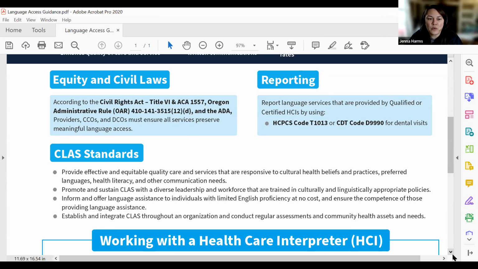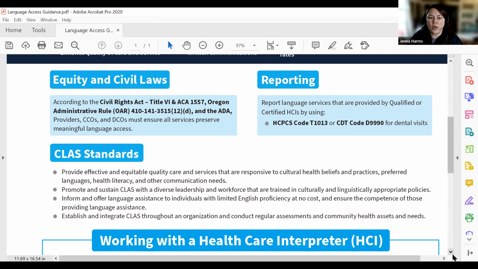As I referenced before, there are these national CLAS standards, so culturally and linguistically appropriate services, and different structures that can be put in place within organizations and provider systems to ensure effective delivery of CLAS services. So really to provide effective, equitable care that is responsive to different cultural beliefs and practices, preferred language, literacy level, so their understanding and general communication needs.